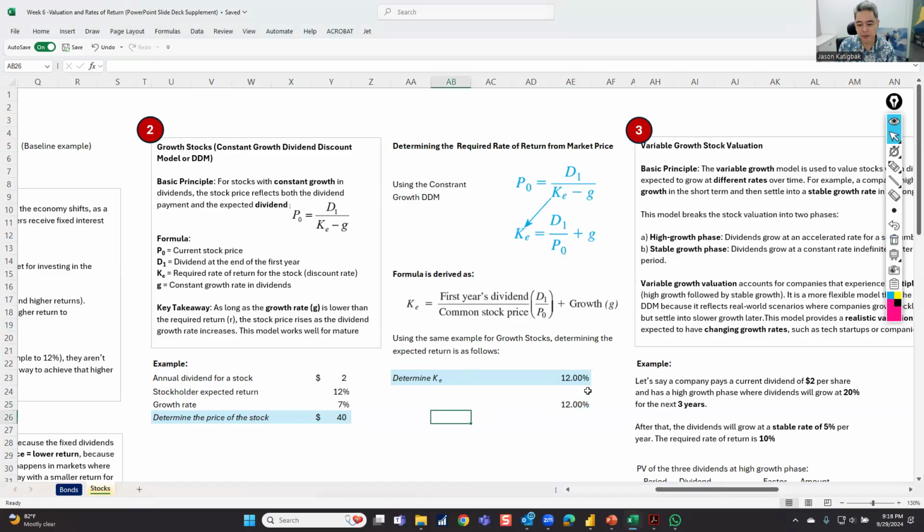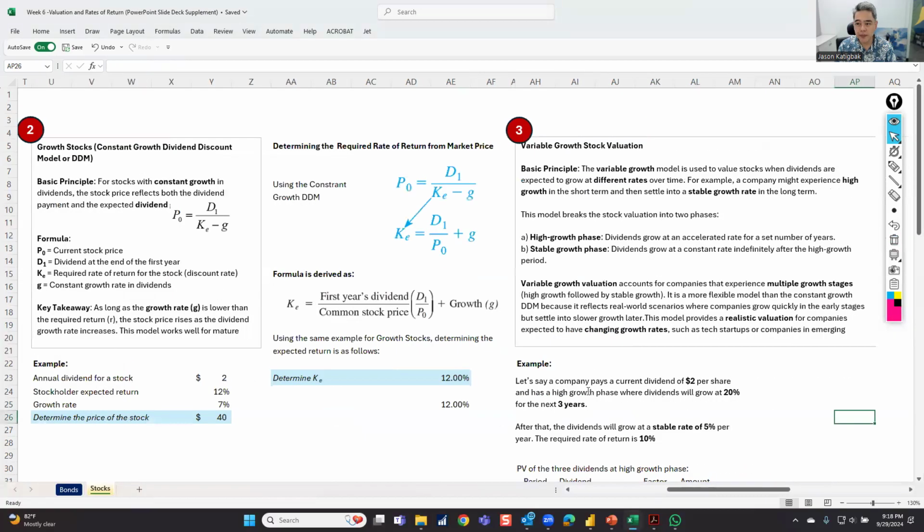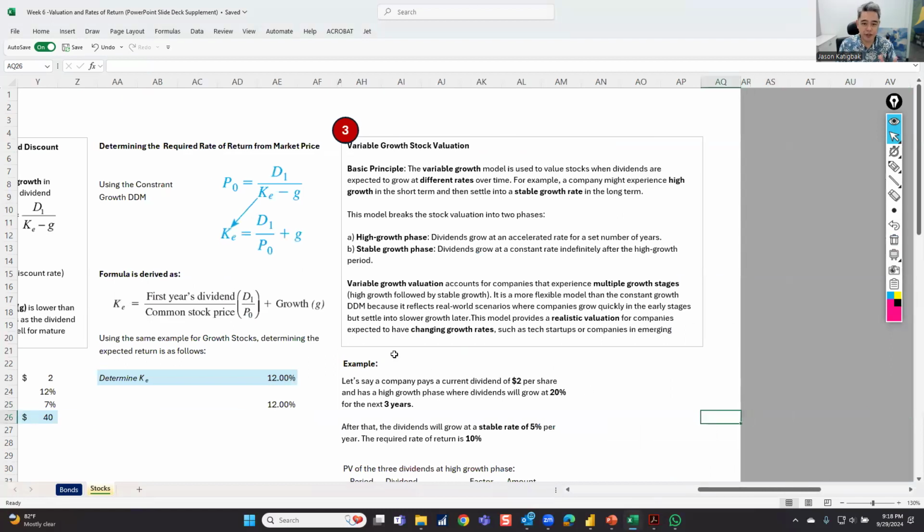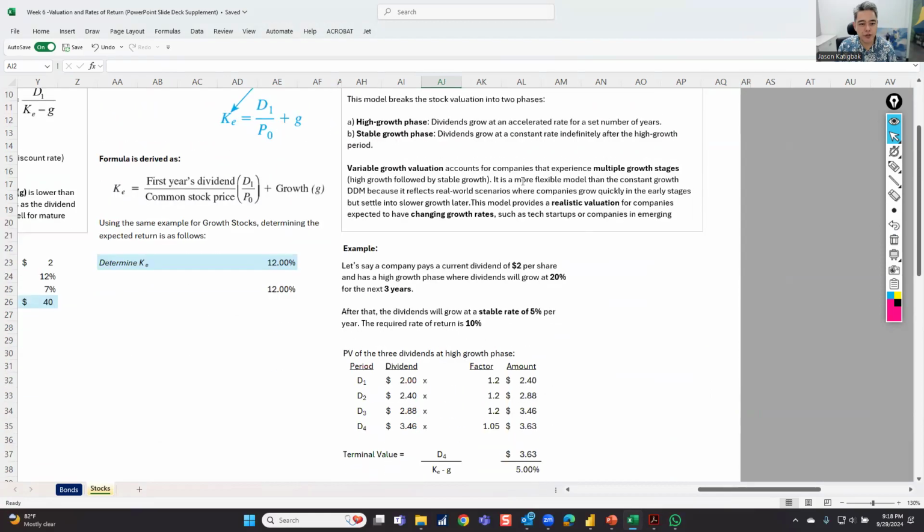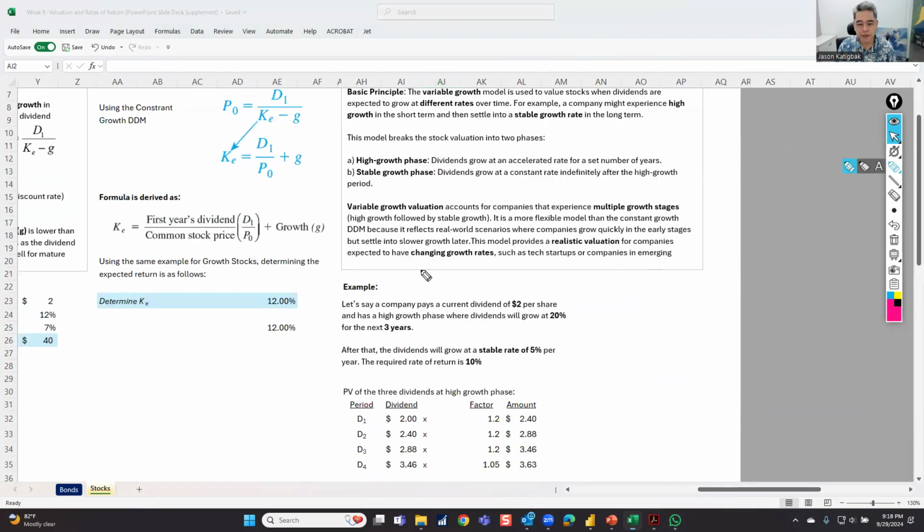Now, the last one for us on the stock is, what if there is a growth on the stock, right? So let's do it this way. Similar to what we have, the 2, the 12, right? Let's say that the company pays a current dividend of $2, similar to what we had a while ago, and has a growth phase, wherein the dividends will grow 20%.